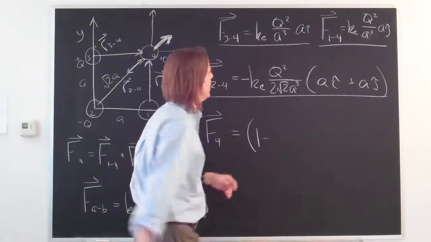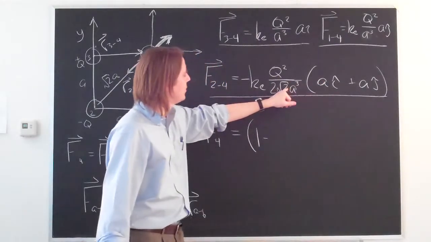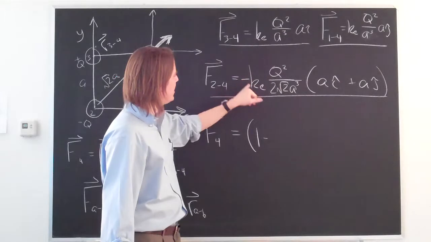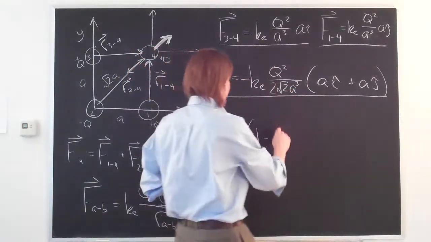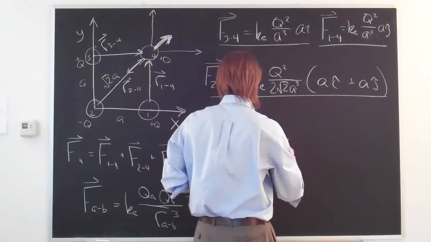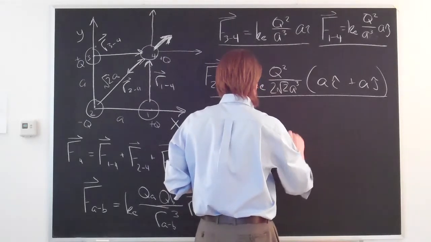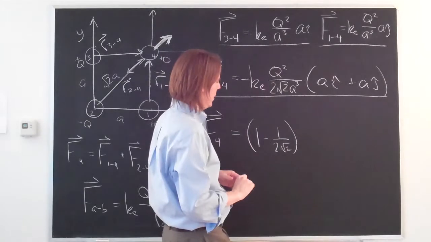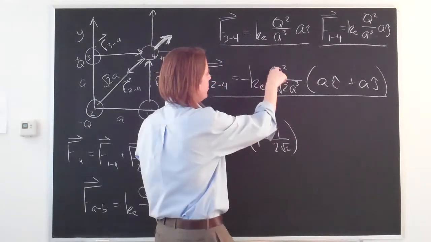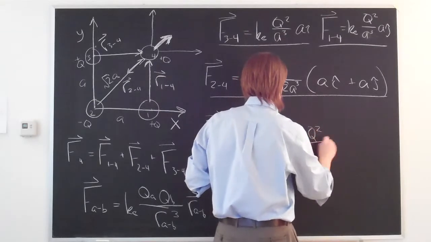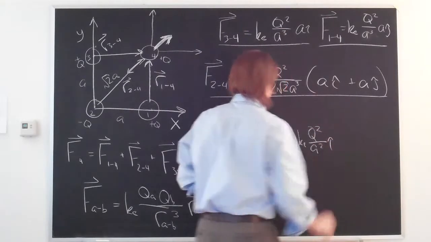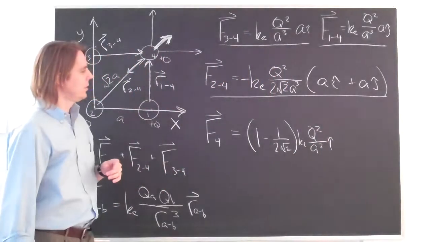And then the A's cancel in the second term, so it's minus Keq squared over A squared, with a 2 square root of 2 in the bottom. So minus 1 over 2 square root of 2. And everything else is the same, Keq squared over A squared. That's the I hat component.